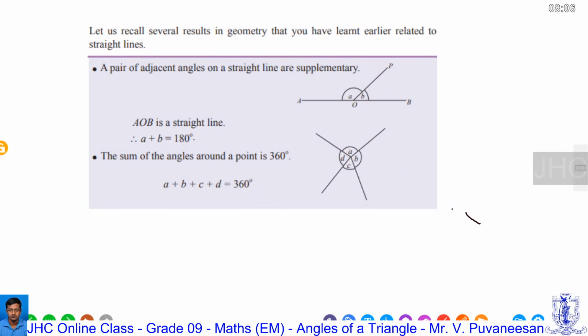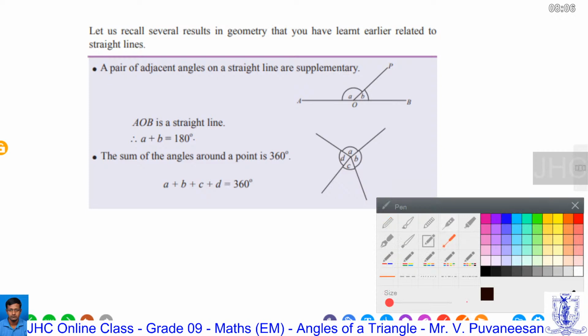These are the facts we already learned. In the straight line, we learned some relationships. A pair of adjacent angles on a straight line are supplementary.